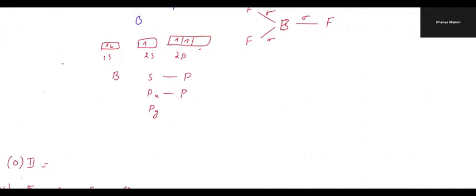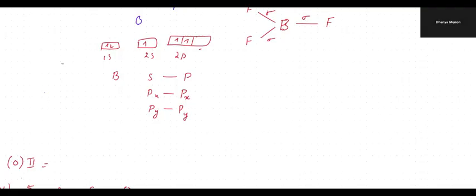Now the orientation should be the same. Whichever p orbitals are overlapping should be of the same orientation. So px will overlap with px, and py will overlap with py of fluorine.